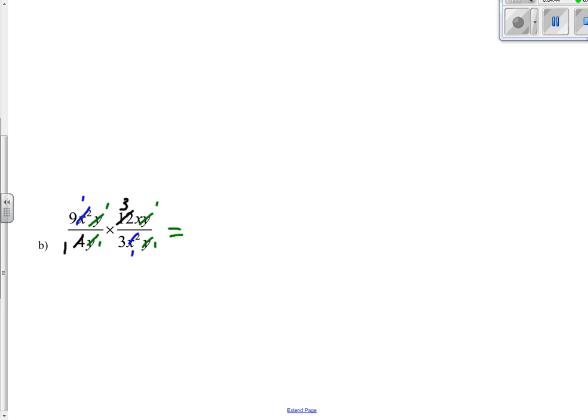I see a 3 on top to bottom. I can divide 3 into the 9 and 3 here. So I am left with a 3 times 1 times 1 times 3 times x times 1. I have 9x over 1 times 1 times 1 times 1 times 1. So my answer in simplified form is 9x.